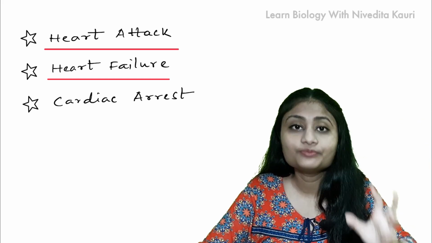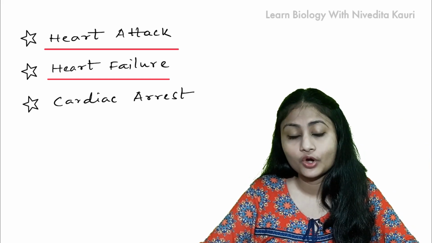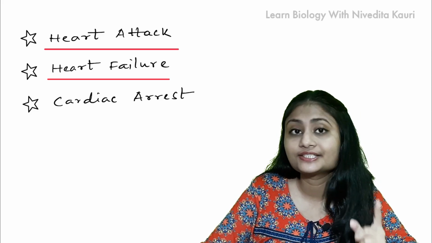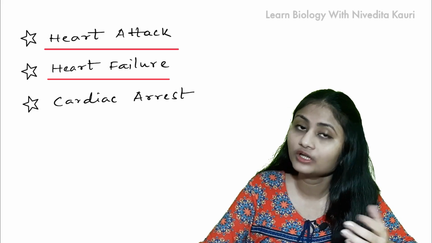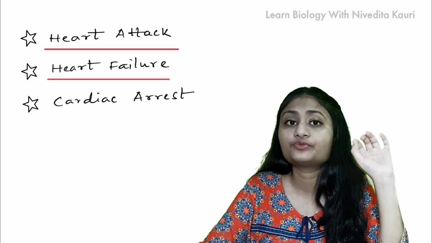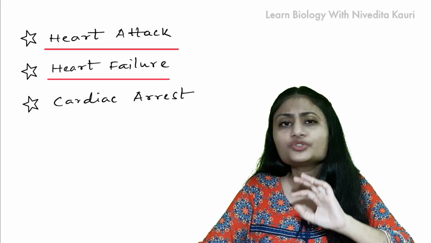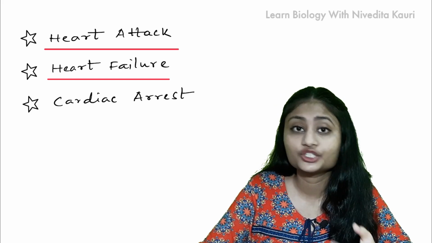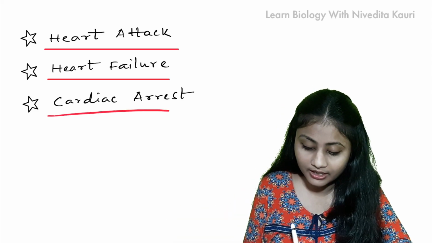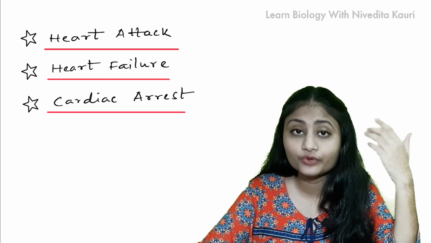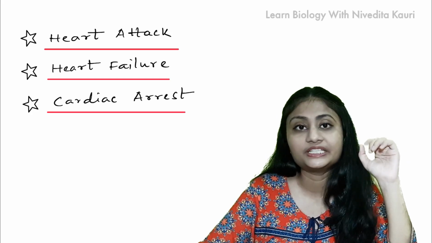Yes, it is involved in pumping action. When heart fails to pump blood effectively, then it is known as heart failure or cardiac failure. It is also known as congestive heart failure because it is almost always associated with pulmonary congestion or congestion of lungs. Cardiac arrest. Cardiac arrest is a condition when the heart stops beating.